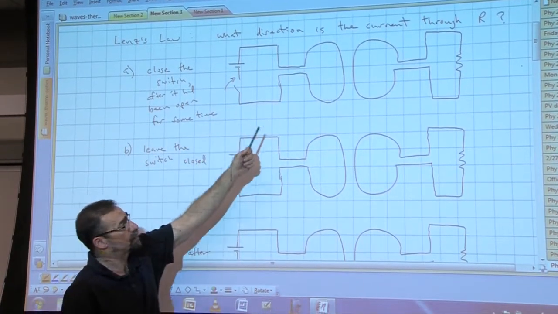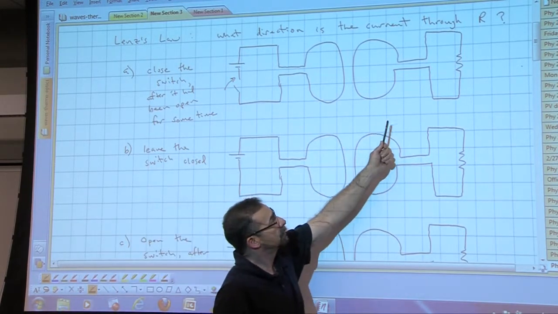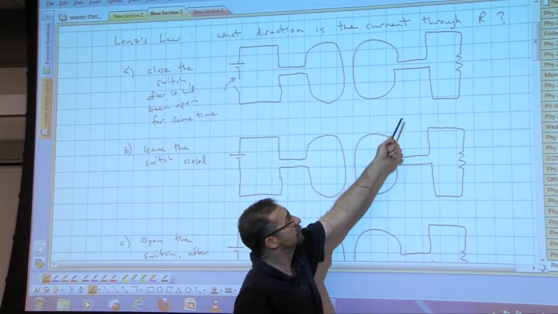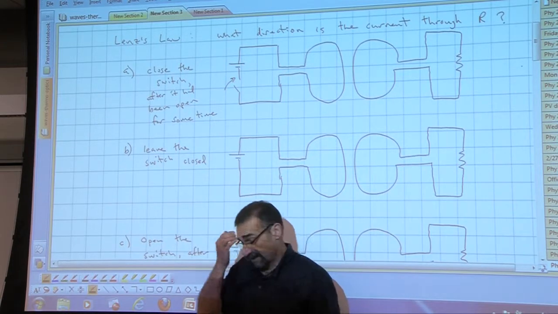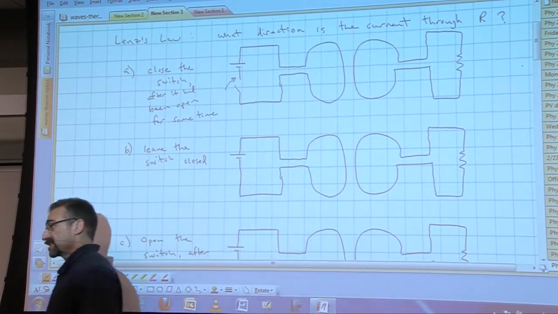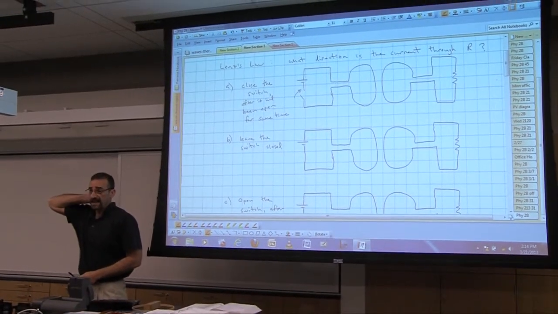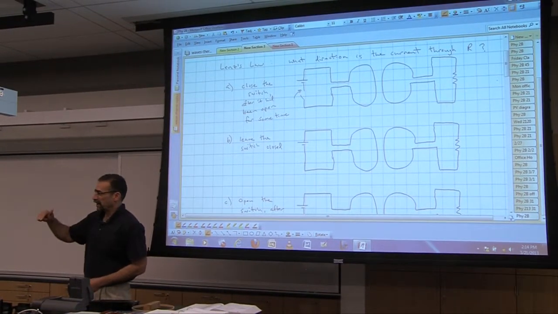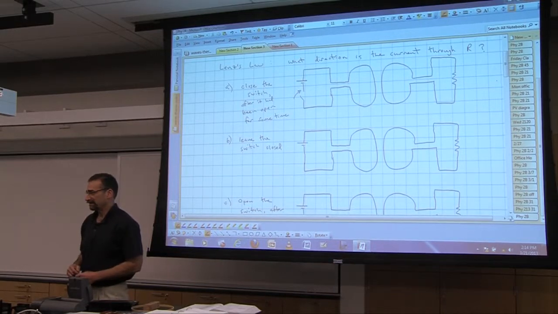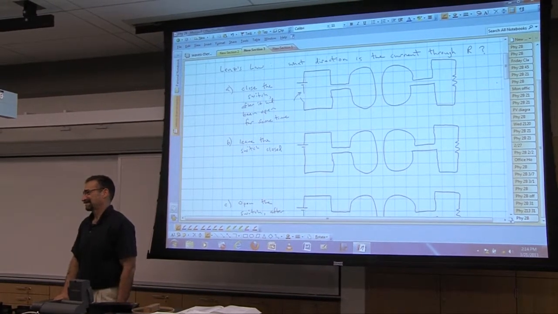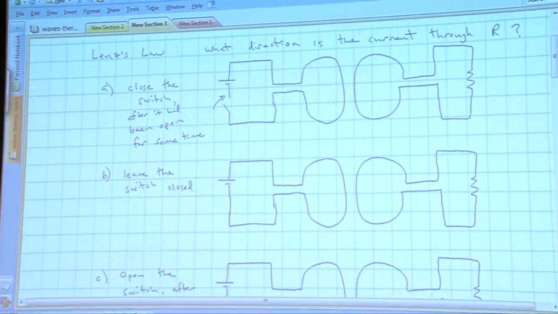The instant we close the switch, what happens in this loop? What direction is the current in that resistor, in the right-hand loop, when we close the switch on the left-hand loop? So in the right-hand loop, current starts to flow.